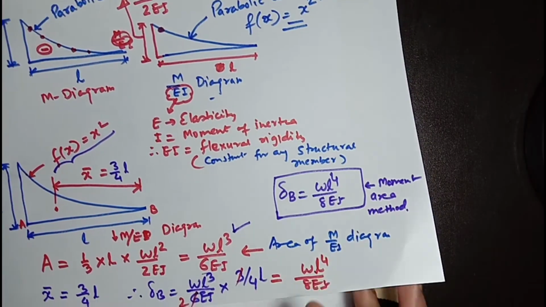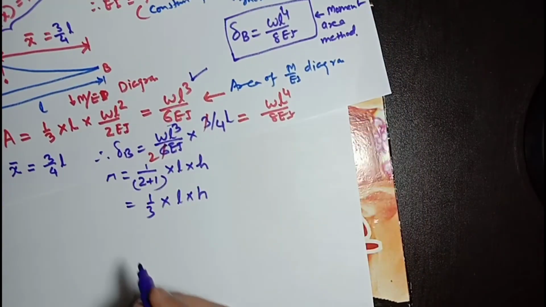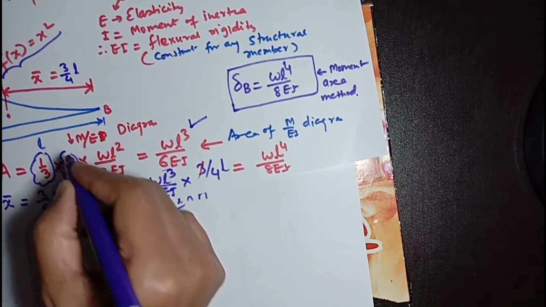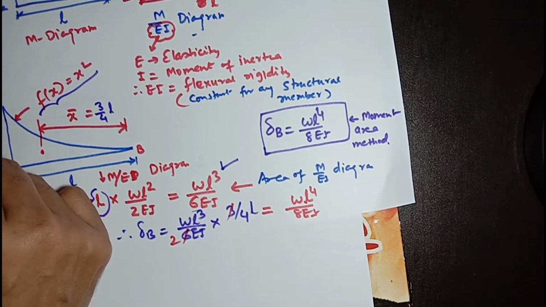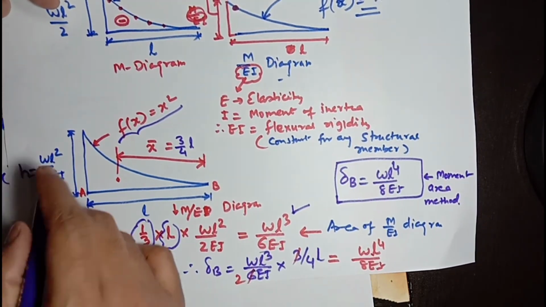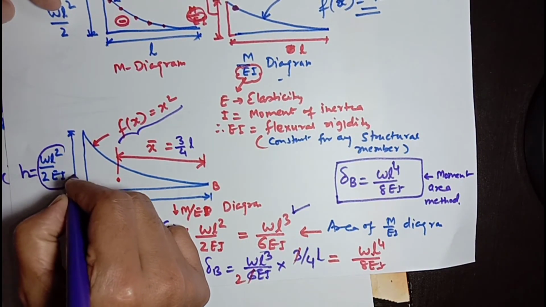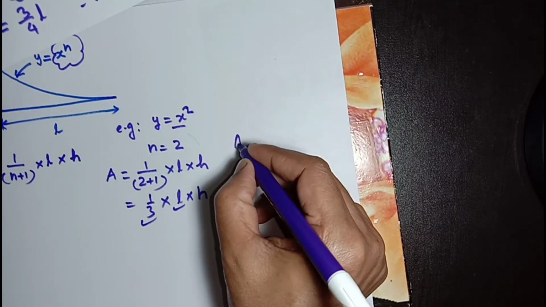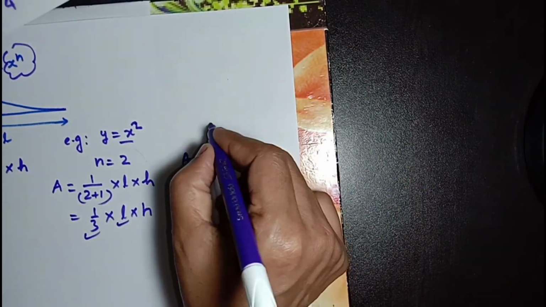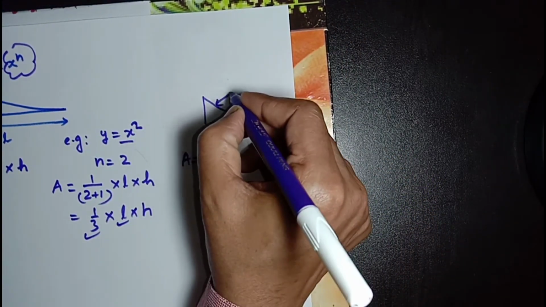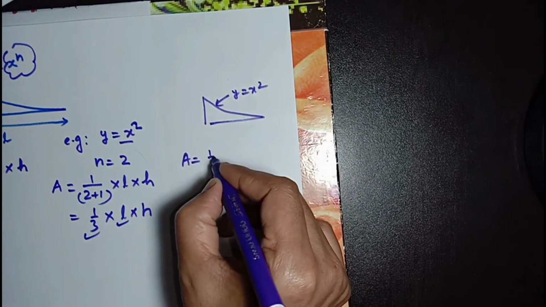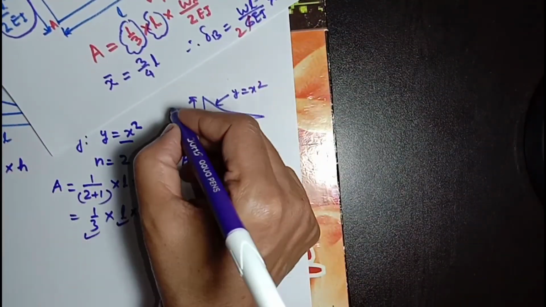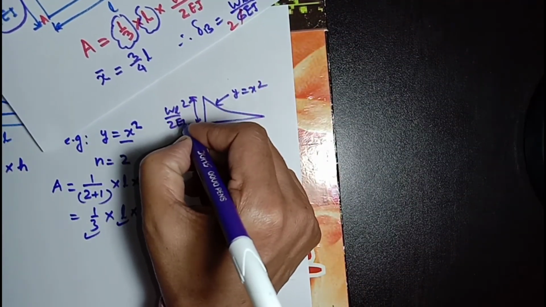For calculation of area we have taken this 1/3 same. We have taken length L is same, and it was h. h was WL square by twice EI. So in our example, we have calculated area for a parabolic curve which was a function of x square, and this value was WL square by twice EI.